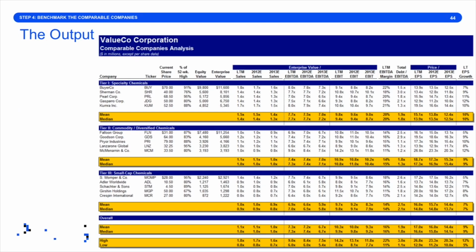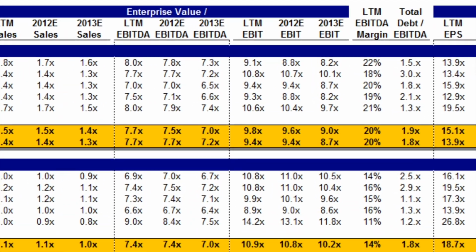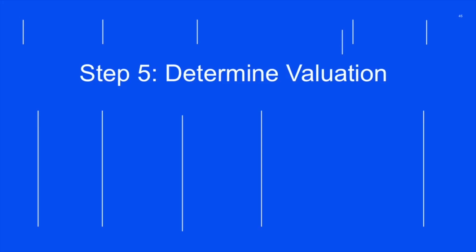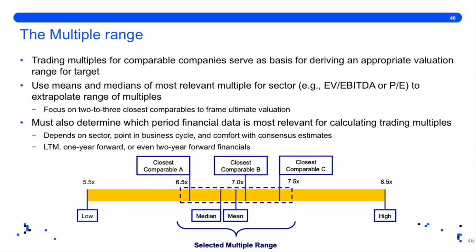At the end, as we said, you're going to come to a piece of paper like this, or an Excel spreadsheet like this, that tells you, for every multiple, the average multiple for your comparables. We've seen this before. So how do we do the valuation?